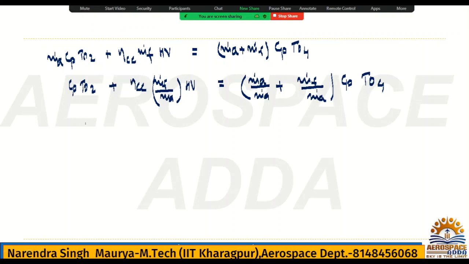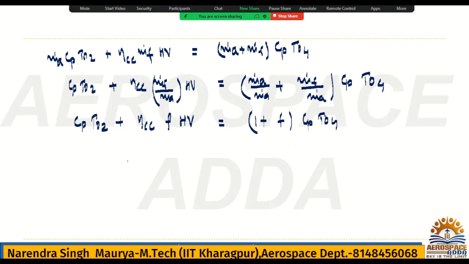What is m dot F by m dot A? It is nothing but the fuel ratio, small f. So we have Cp T naught 2 plus eta Cc small f into Hv, equal to 1 plus small f, which is the fuel air ratio, into Cp T naught 4.